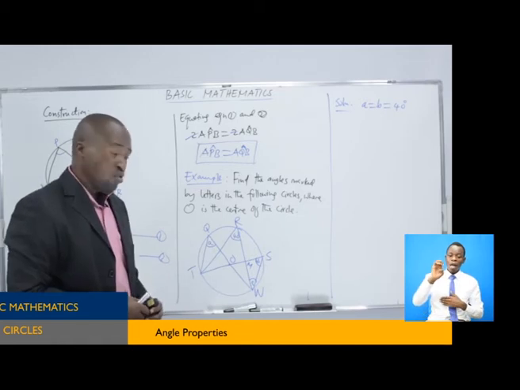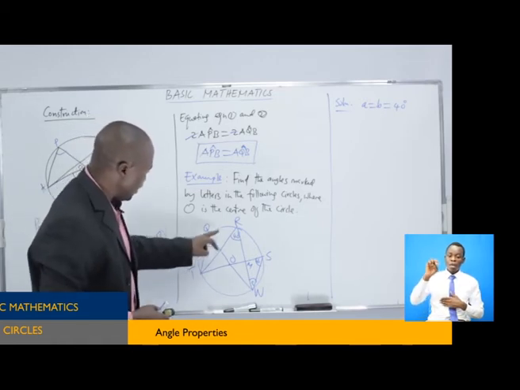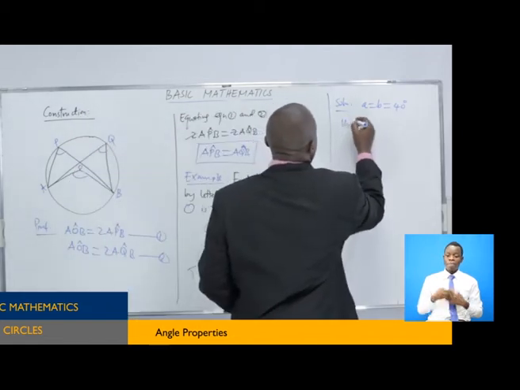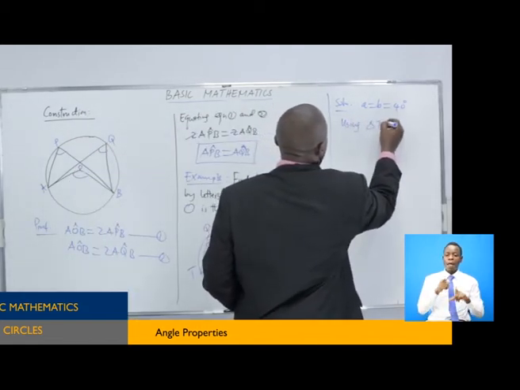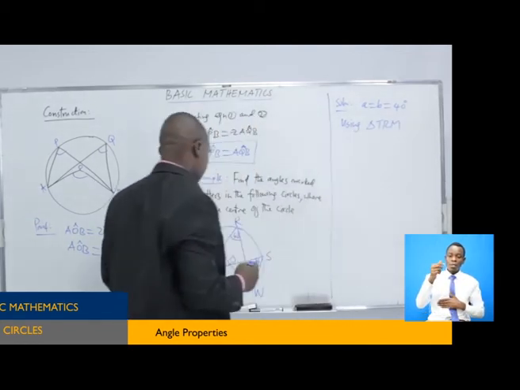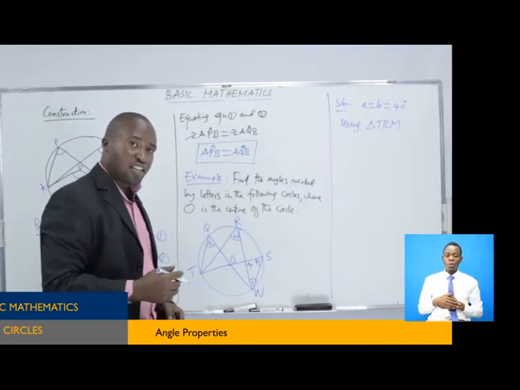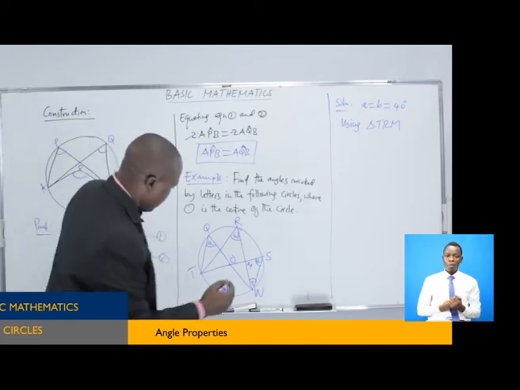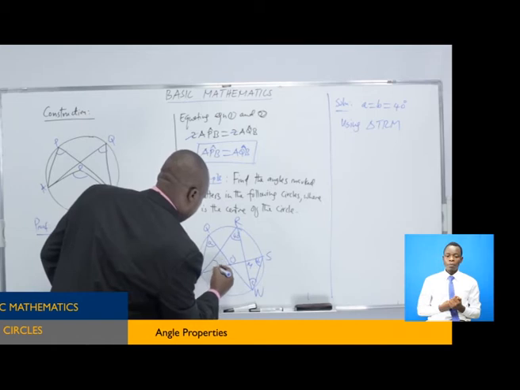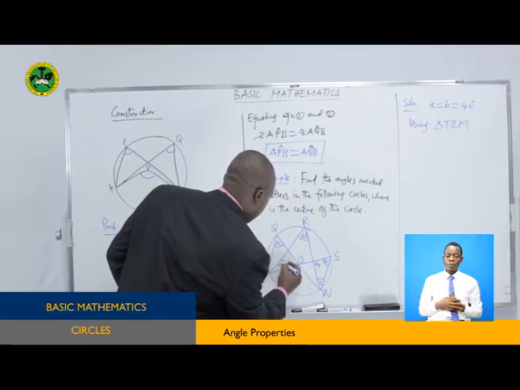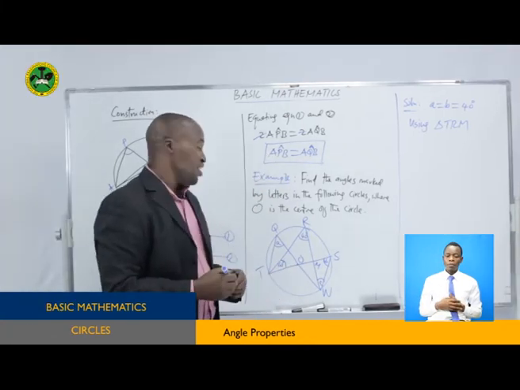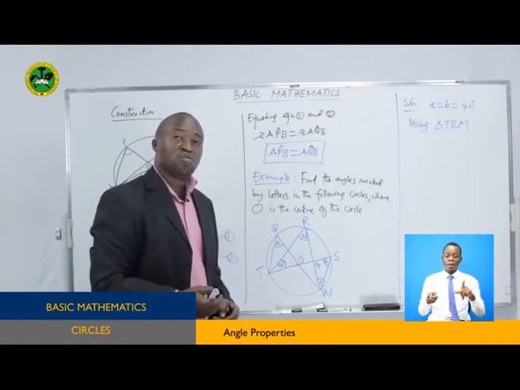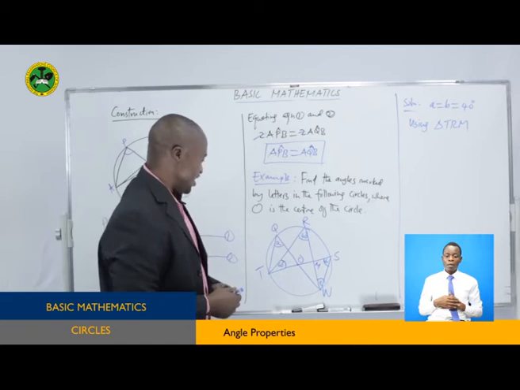Now in this case, we are going to use triangle TRM. So we say using triangle TRM, the sum of angles. Remember here we have 60 degrees. Remember the sum of angles in triangle TRM is equal to 180 degrees.